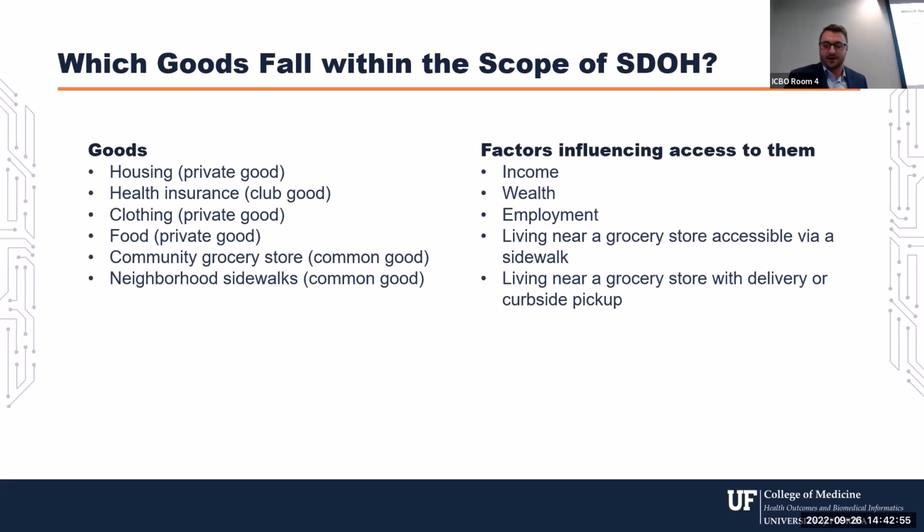Yeah, so if you're somebody who uses a wheelchair to get around, you're largely going to rely on sidewalks to get you from point A to point B. If your neighborhood grocery store doesn't have a sidewalk that leads to it, then you're going to have to take a bike lane or find alternative transportation to get there.